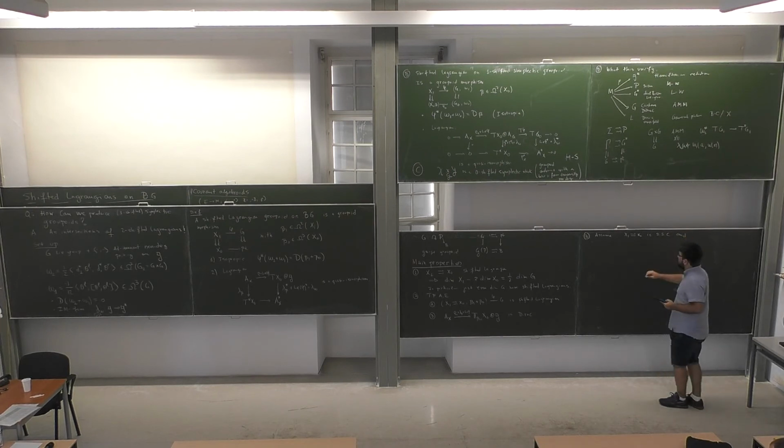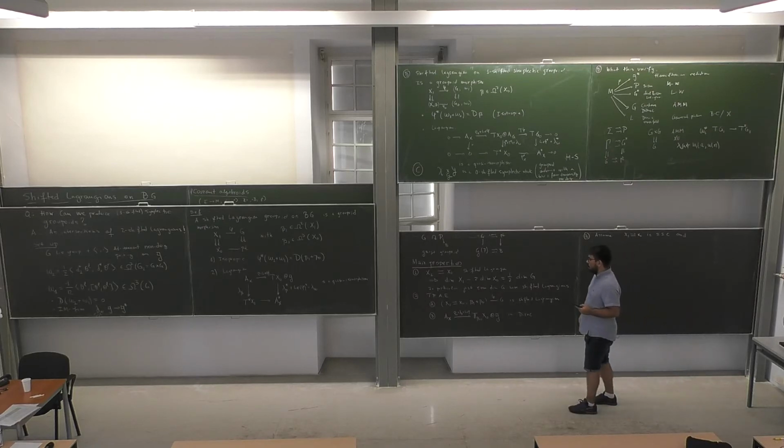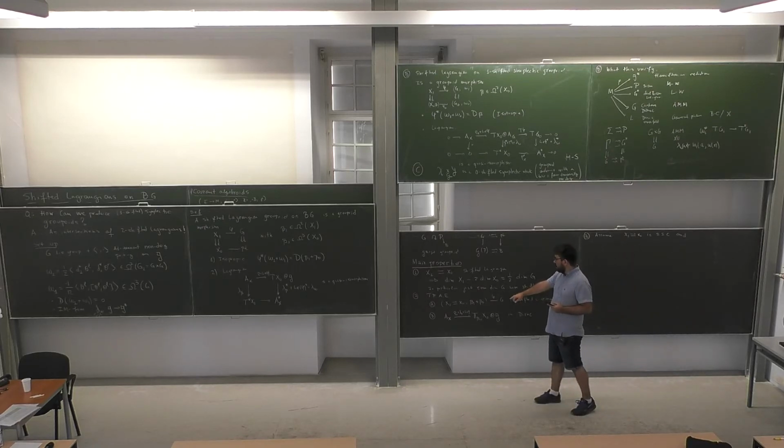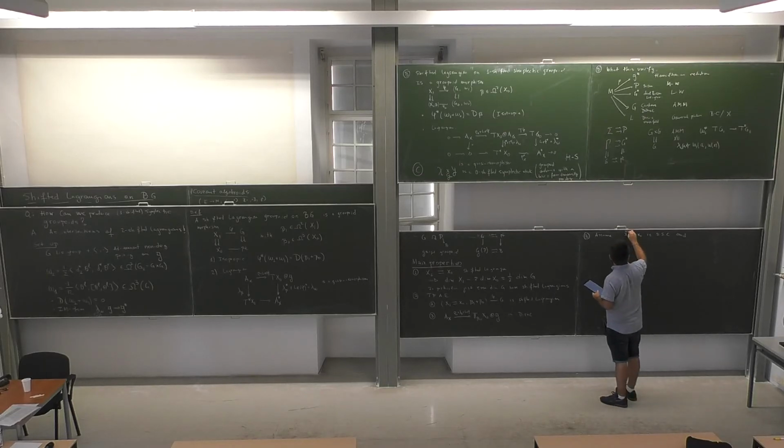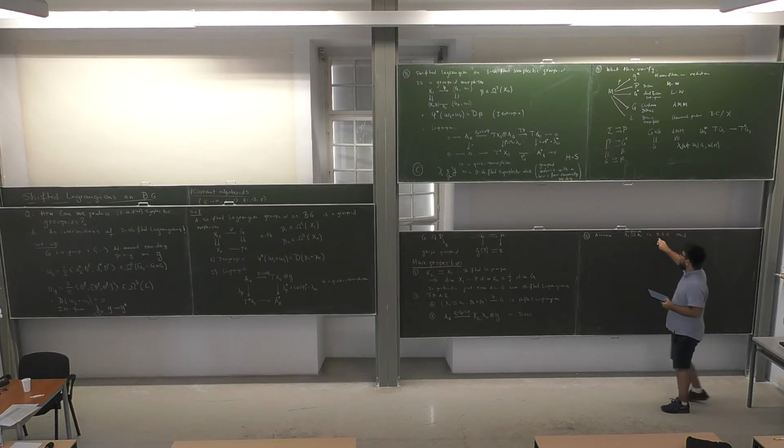So what I'm assuming is that I have this shifted Lagrangian, and moreover, I'm assuming that it's source simply connected.